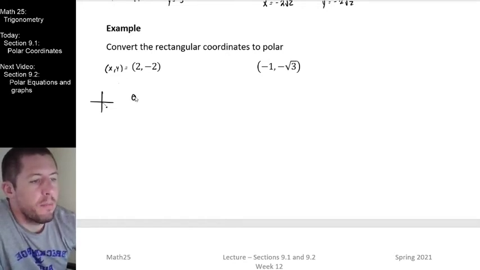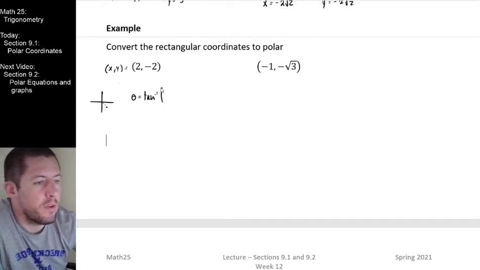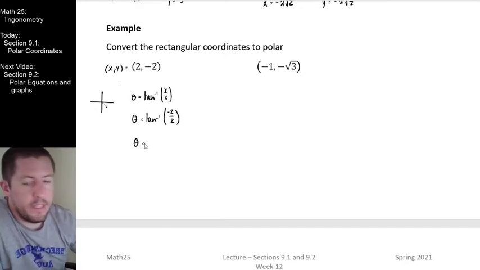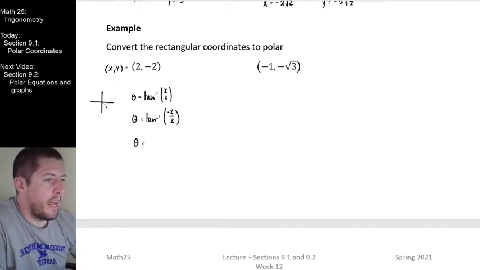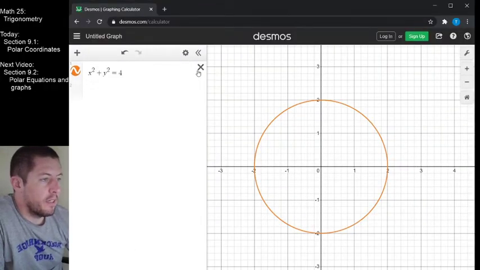So my first equation is that theta equals tangent inverse of y over x. I'll write the equation, then I'll throw the numbers in. That means that theta is tan inverse of negative 2 over 2. Time to go to my calculator and ask what I'm going to get for that.